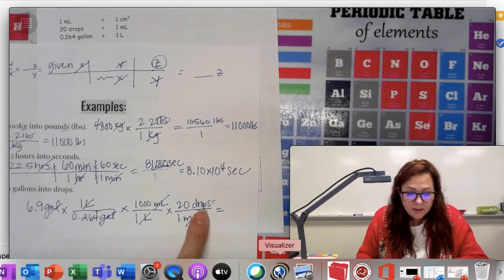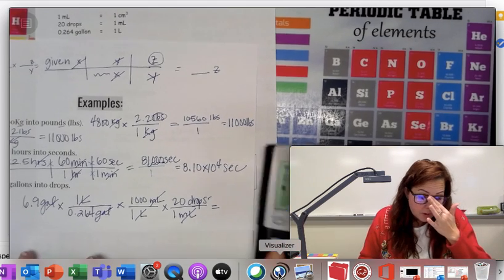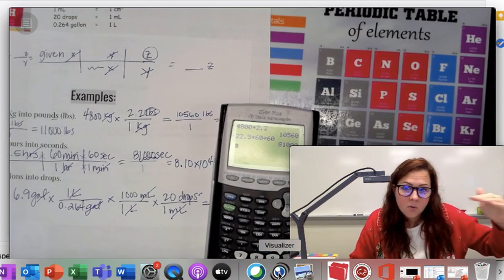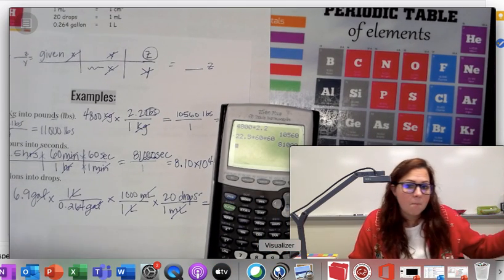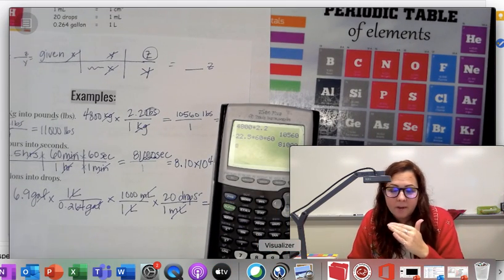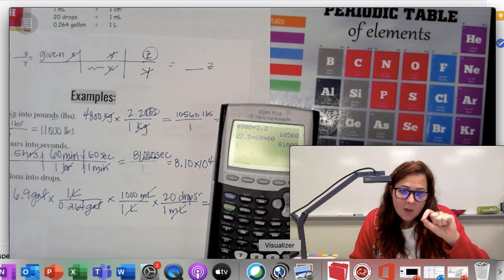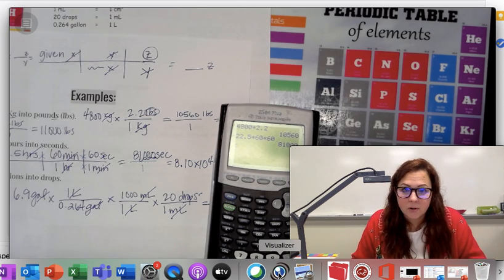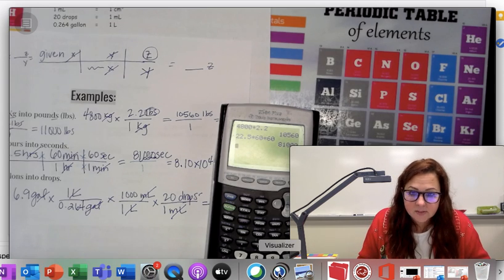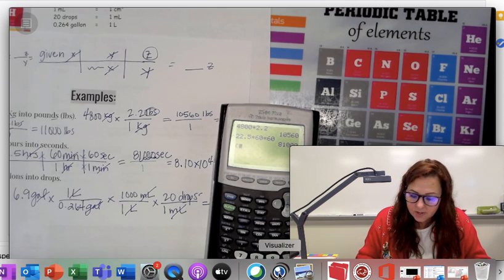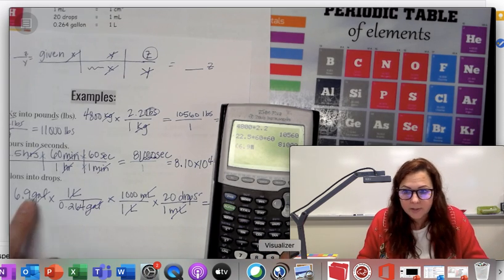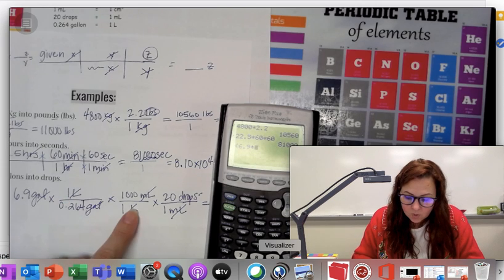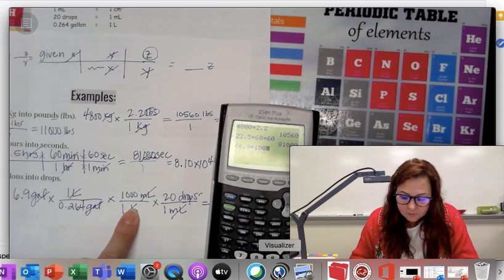So now I'm going to pick up my calculator. When you pick up your calculator, remember you're multiplying all the way across the top first, multiplying all the way across the bottom next, and then dividing the 2. I usually hold it all in my calculator. So use parentheses on the top. 6.9 times 1, we can skip, times 1,000 times 20.